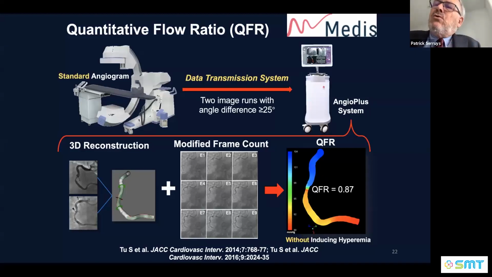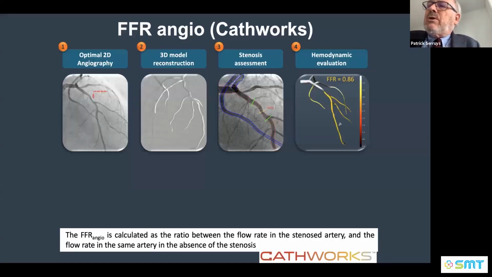Then you have to look at the frame count, the arrival of the contrast medium frame by frame in the coronary artery, and the combination of these 3D reconstruction and frame count will give you the quantitative flow ratio color-coded, and when you go below 0.8, you go from the blue to the green to the yellow, etc.